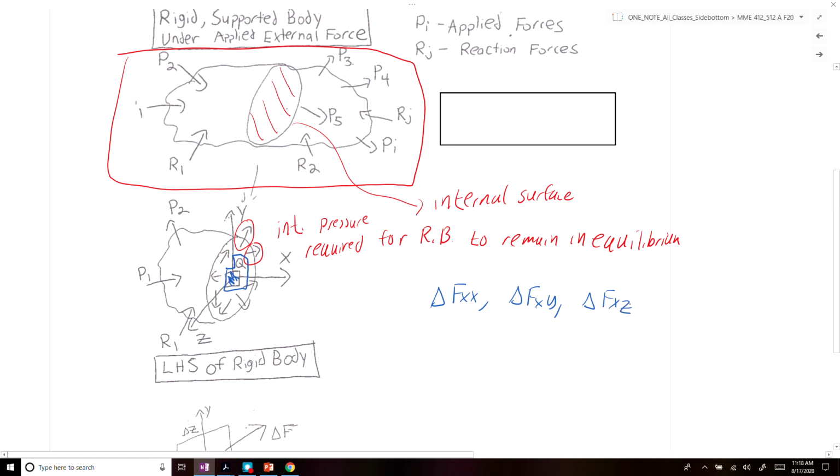They are the concentrated forces that are equivalent to the internal stresses at that point Q.